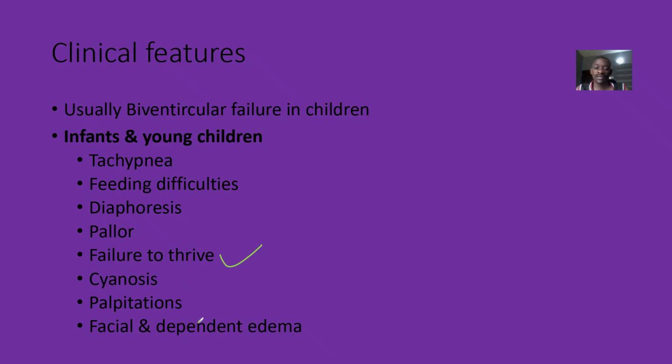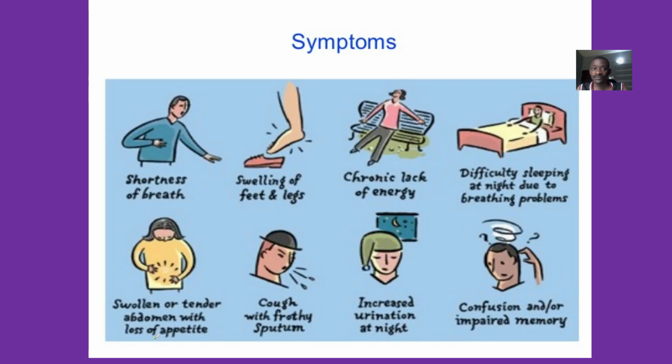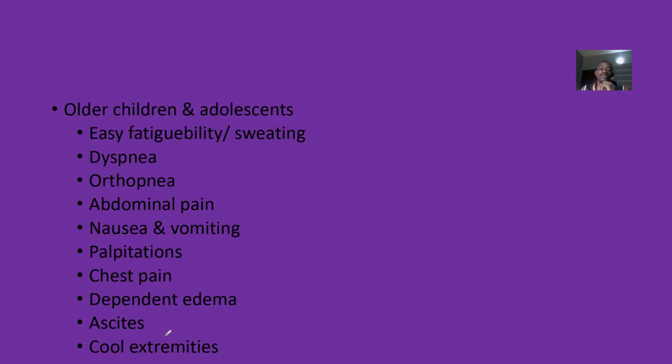All right, so facial and dependent edema, so on the face, on the lower extremities, you have accumulation of fluid there. All right, so please pause this image to observe it. Right, so in older children and adolescents, they easily get tired, they sweat, difficulties in breathing.